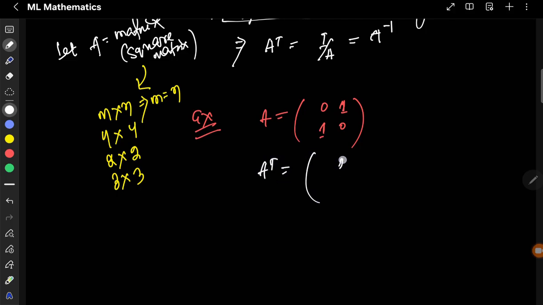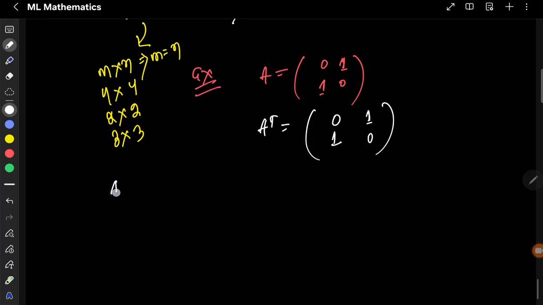A transpose will be this row becoming column and column becoming row, so this becomes 0 1, same, there is no change happening, 1 0. That is what A transpose is. The moment you write A into A transpose, or A transpose into A, it is nothing but 0 1, 1 0 multiplied with 0 1, 1 0.